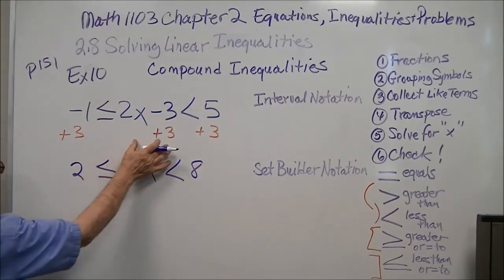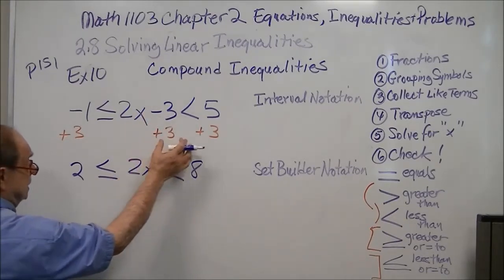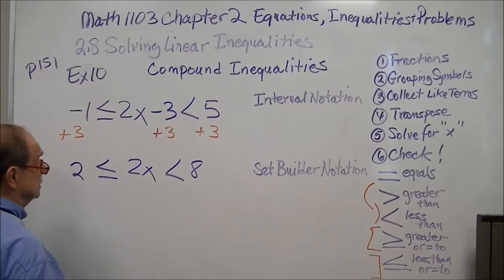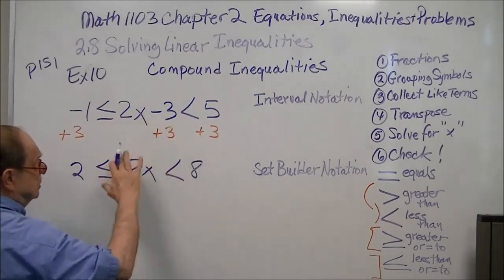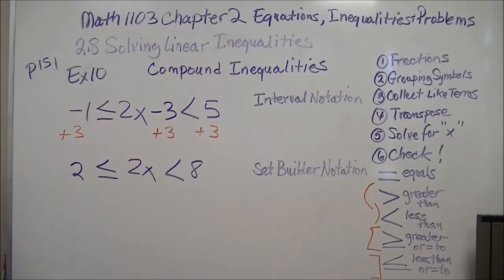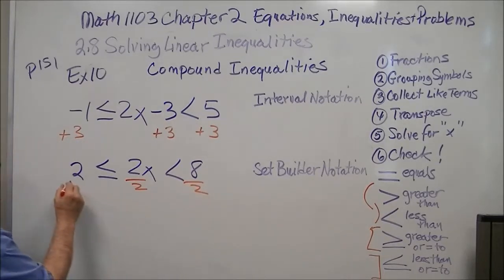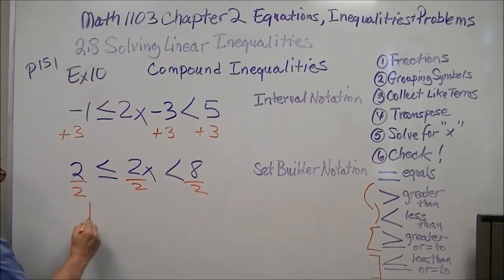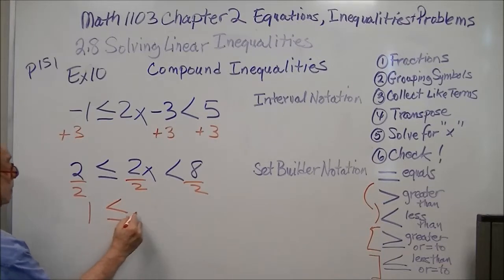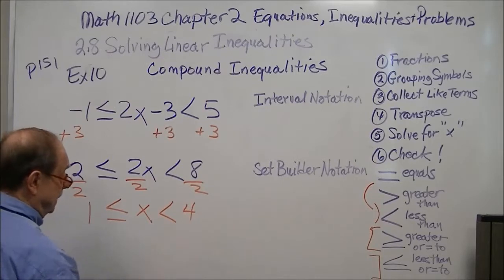So again, the technique for getting rid of a number that's in the middle there is to just use its additive inverse. Transposing doesn't work too well here because of the x, and there's like 3 parts to it. And now, though solving is the same, we're going to divide this by 2, divide this by 2, divide this by 2. We then get 1 is less than or equal to x is less than 4.